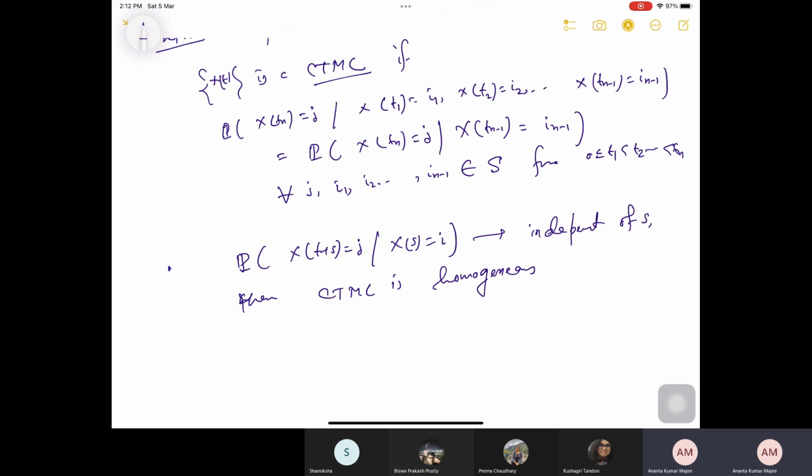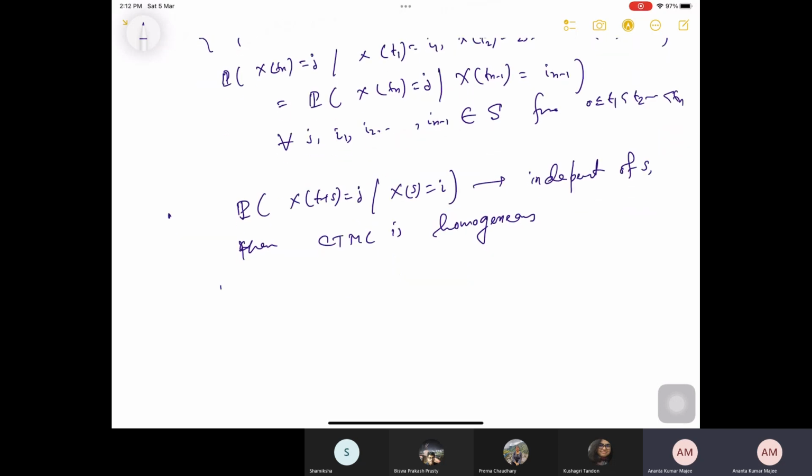So if I denote P_ij(t), this is the probability that X of t is equal to j given that at time 0 you start with state i; at time t you are in position j. What is the probability?